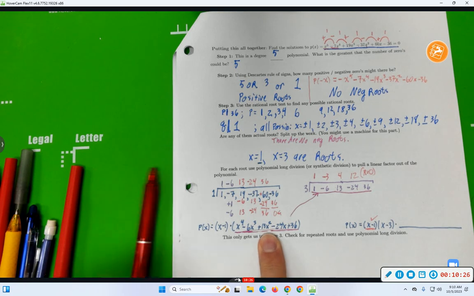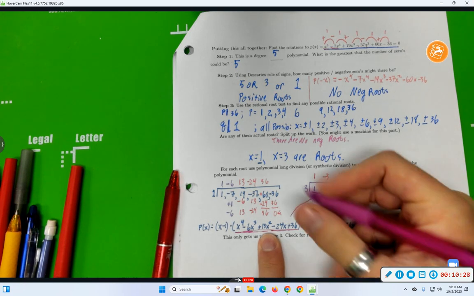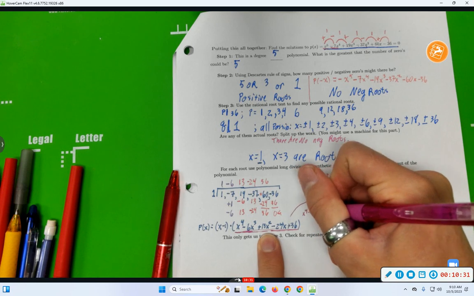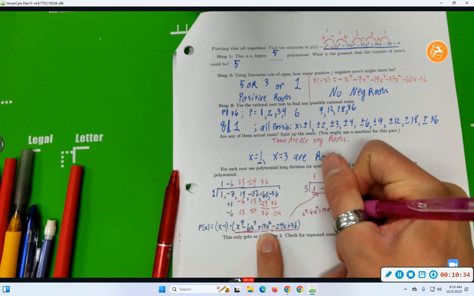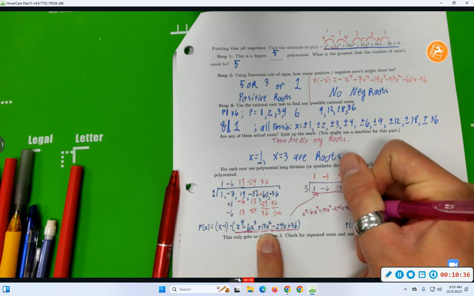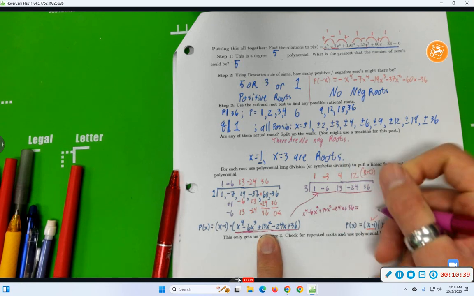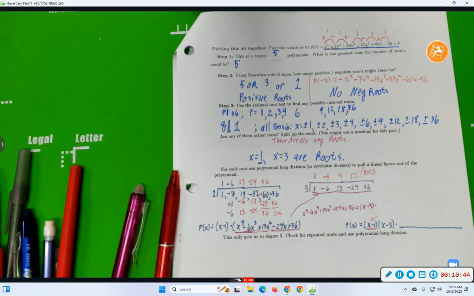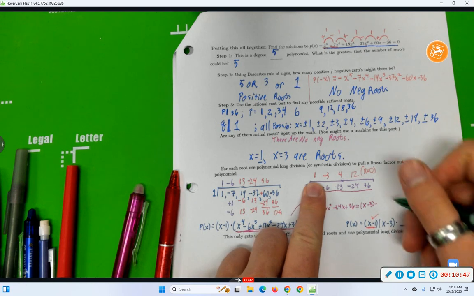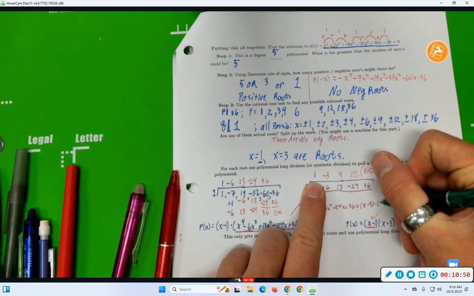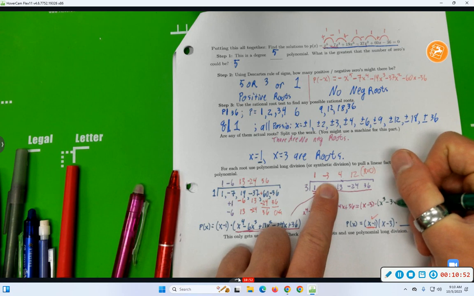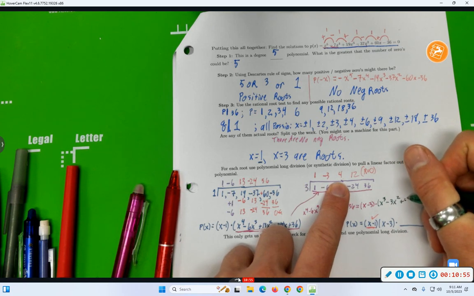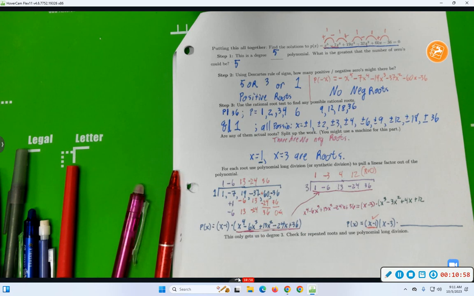That means this pink piece, which was x to the 4th minus 6x cubed plus 13x squared minus 24x plus 36, factors as x minus 3 times that thing that you just told me, x cubed minus 3x squared plus 4x plus 12. Could that be a plus 12 or a minus 12? Okay.